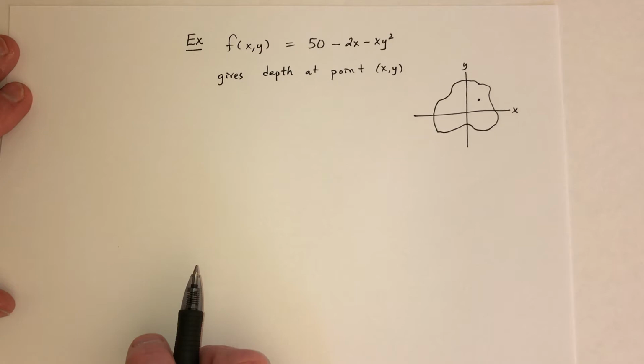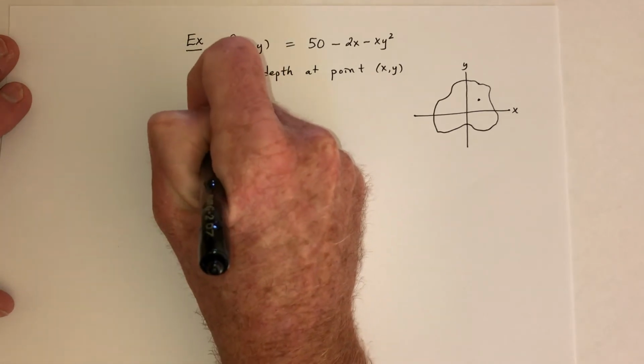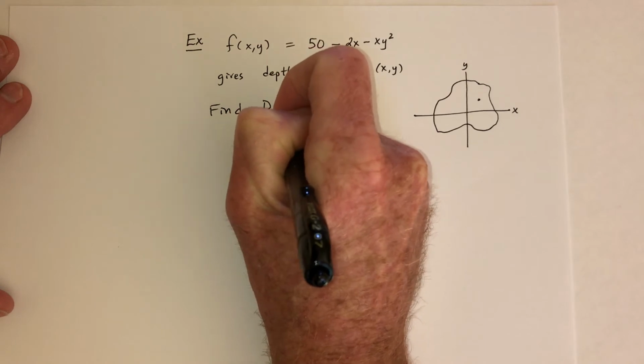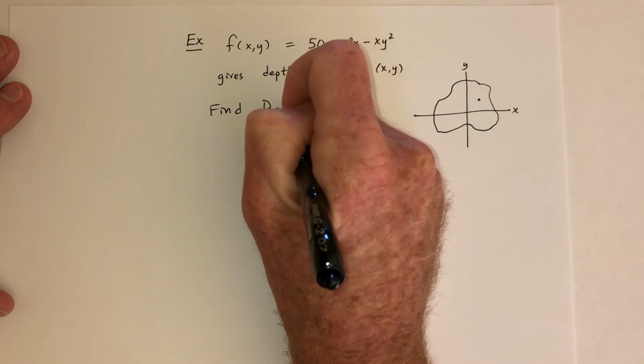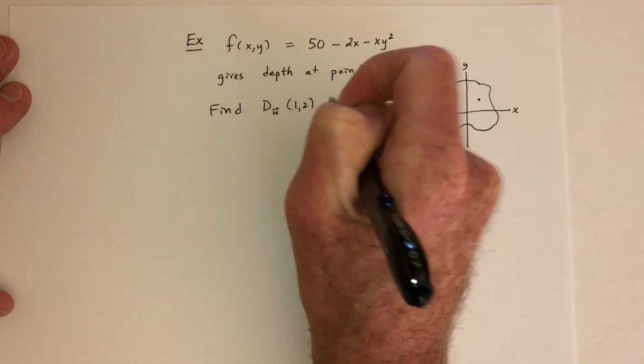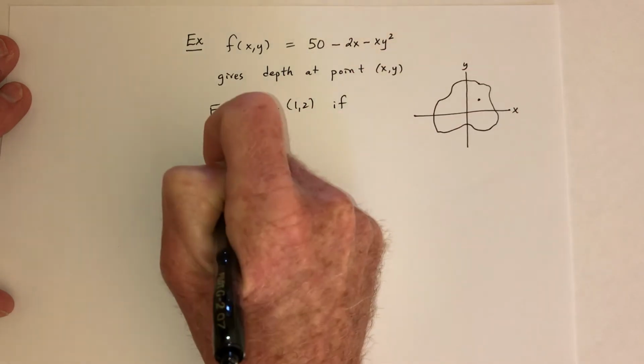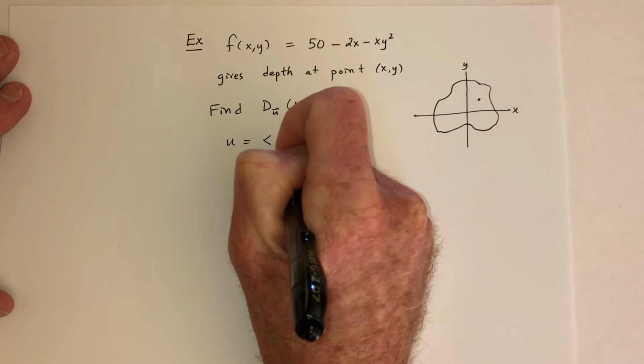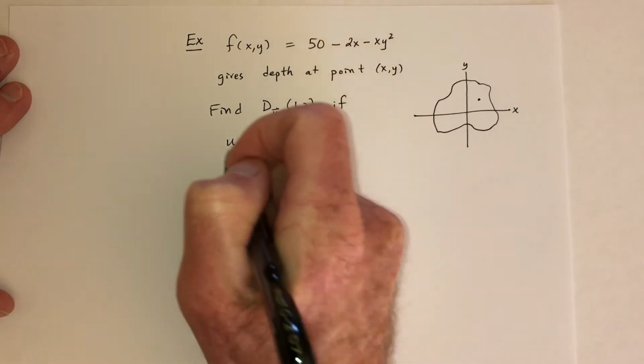So find the derivative in the direction u at the point 1, 2 if the u is in the direction 3, 4.